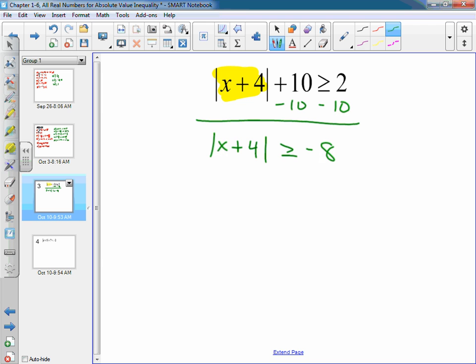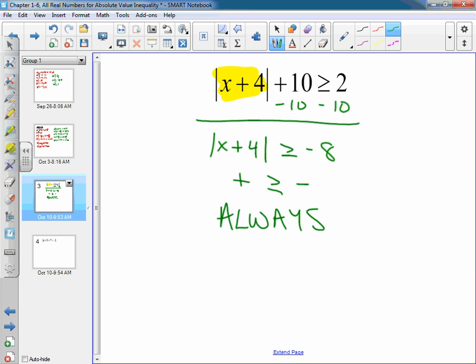So now that I've isolated my absolute value, step 2 says to go ahead and check to see if it's possible. Well, what is the outcome of the absolute value of x plus 4? The outcome is going to be positive, and that is greater than or equal to negative 8, which is a negative. Well, when is a positive number greater than or equal to a negative number? Is it sometimes true? Is it always true, or is it never true? A positive number is always greater than a negative number.